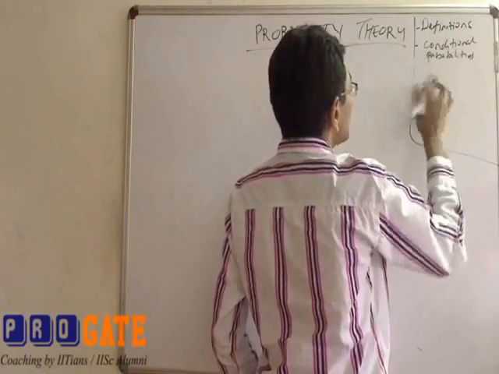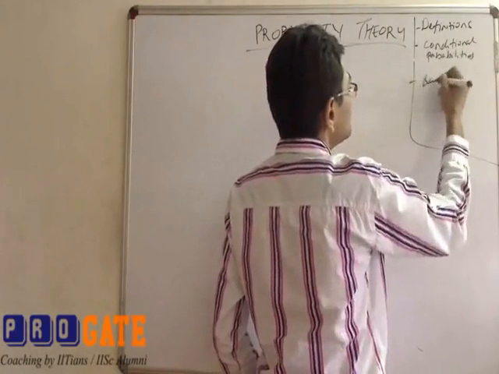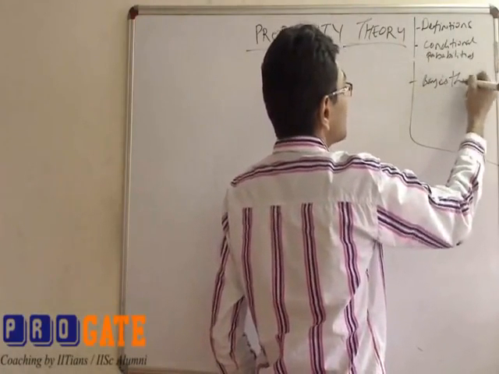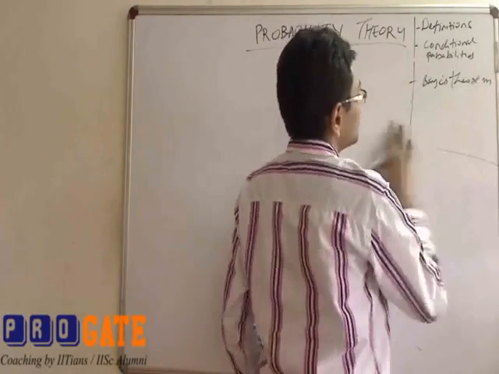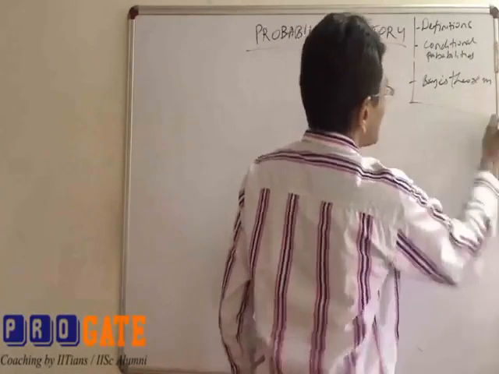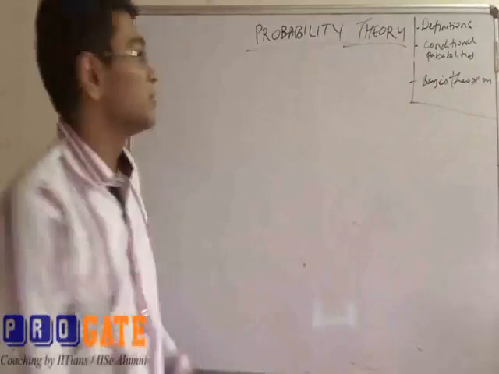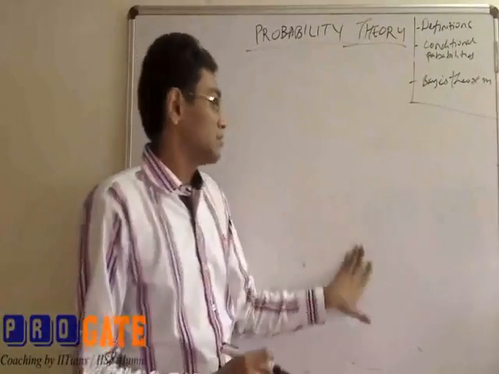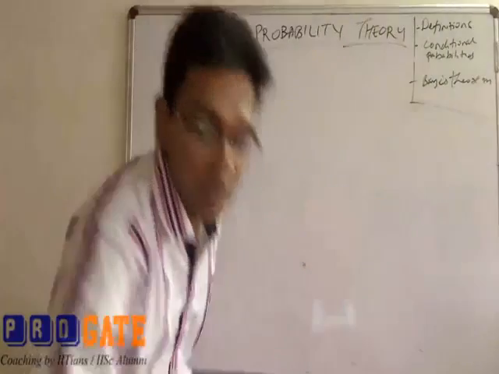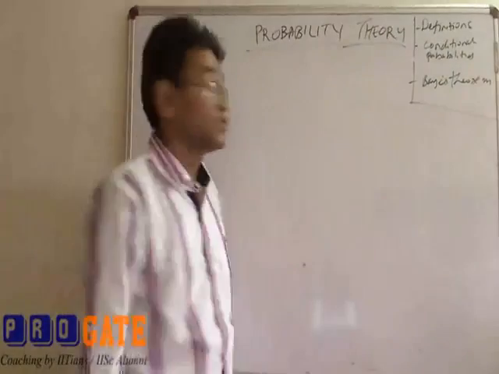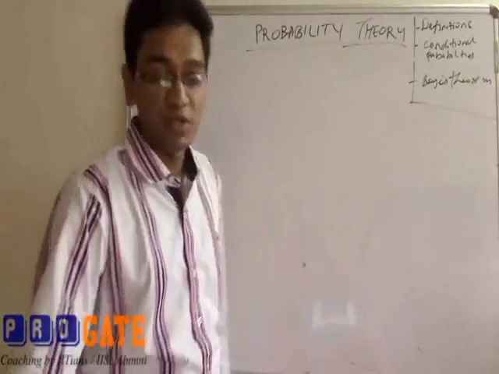After that, we will look at Bayes' theorem, and we will solve lots of questions based on all this stuff. Okay, so this is what we intend to cover, and we will solve lots and lots of questions based on the various types of questions.